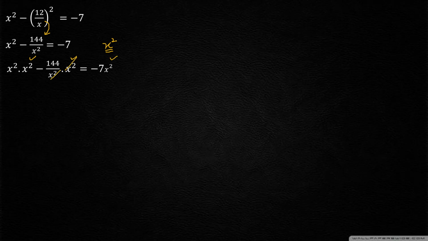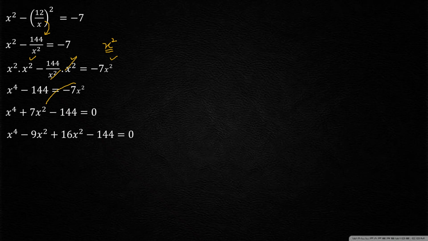On simplifying, we get x raised to power 4 minus 144 is equal to minus 7x square. Transpose minus 7x square towards the left and get x raised to power 4 plus 7x square minus 144. Now we factorize this equation and get x raised to power 4 minus 9x square plus 16x square minus 144.